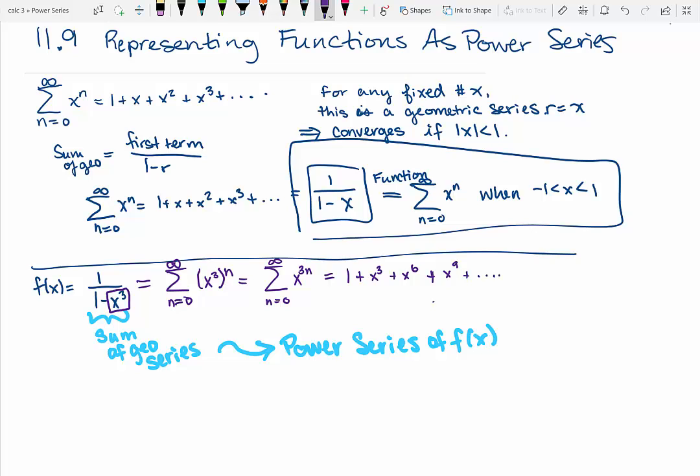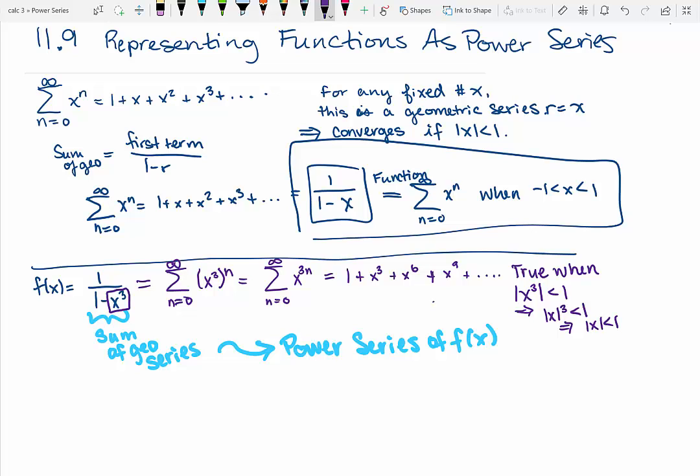Now again, I can figure out what the radius of convergence would be. When is this true? It's true whenever the series converges, so when the absolute value of the ratio, the absolute value of x cubed, is less than 1. Since the cube root of 1 is 1, and cubes respect the plus or minus, this implies that the absolute value of x is less than 1.